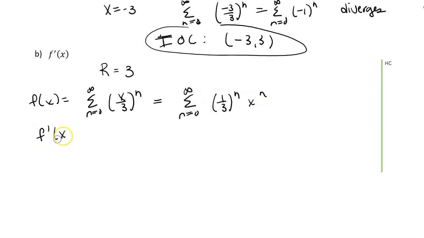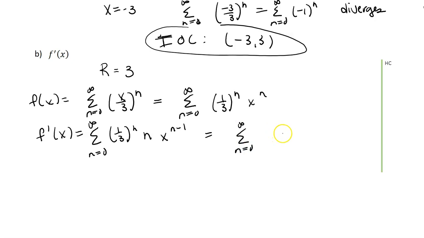And what that allows me to do is not have to use the chain rule here, because I can bring down the constant 1/3 to the nth power. I can bring down the n for each term, and I can subtract 1 from the power for each term. So I'm just differentiating it term by term. So I get the sum from 0 to infinity of n times 1/3 to the nth power times x to the n minus 1.